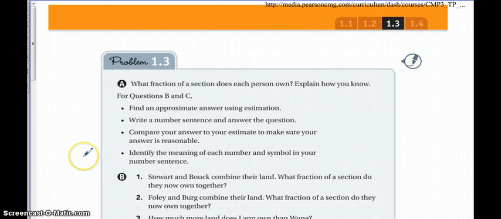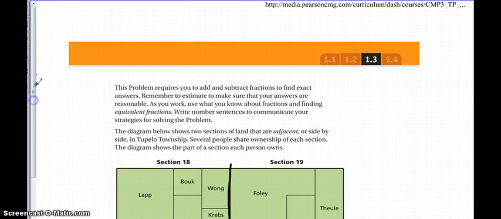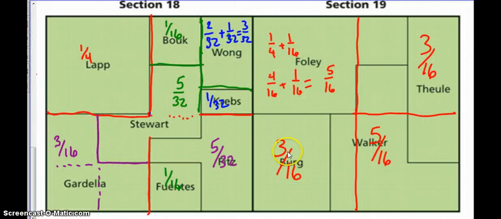All right, so as I turn the page, I see that question A says, what fraction of each section does each person own, and how do we know? And then there are some things to do. Well, back here, we cut this problem up by dividing everything up into pieces based on other people's parts.